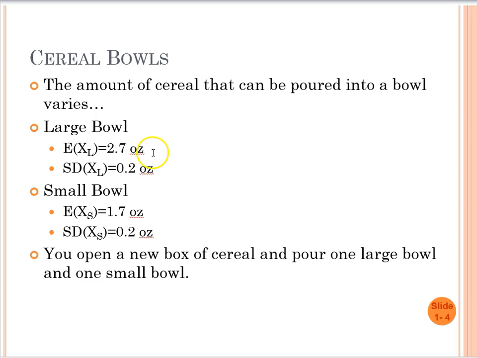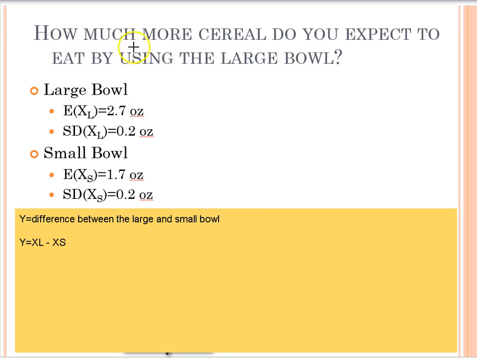On average, you pour in 2.7 ounces into the large bowl and 1.7 ounces into the small bowl. And so we want to know what's the likelihood that you're actually pouring more into the large bowl than the small bowl. So that is, how much more cereal do you expect to eat by using the large bowl?